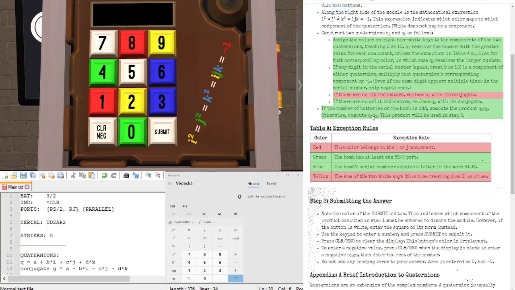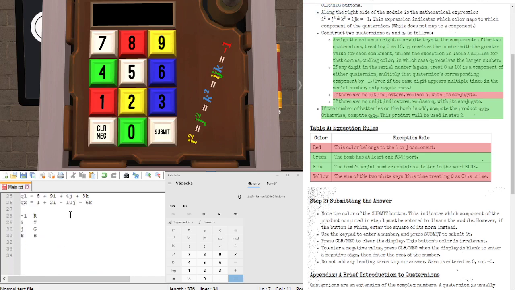Otherwise we would calculate Q2 times Q1. That's what I recommend, to have the first one you're calculating on the top. But this time it's true, so we have Q1 times Q2. I'll just put it like this so we can see it more clearly.